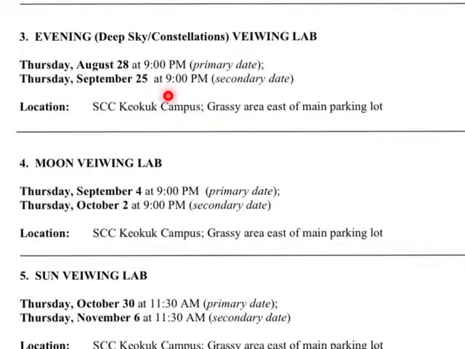And then I picked a time when the moon was early in its phase, hopefully what we call a waxing crescent, or before first quarter, to take a look at the moon. So I'm shooting first for September 4th, and if that falls through, October 2nd. Again at 9 p.m. These are Thursdays at the Keokuk campus.